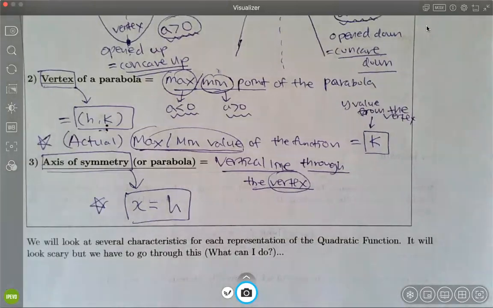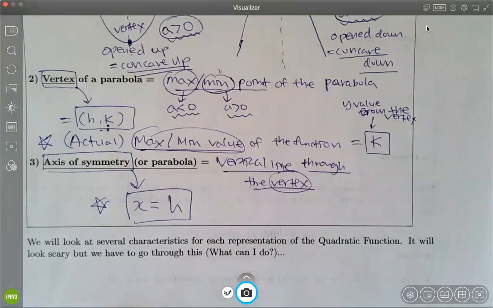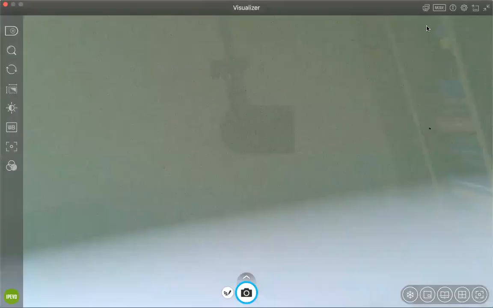Okay, so now we'll look at several characteristics for each representation of the quadratic function, which is on the next page. And it has, I think, 5 or 6 facts. Some of which are kind of tricky. So let's fill in the blank.